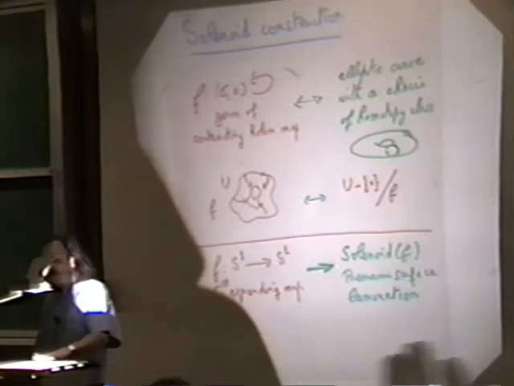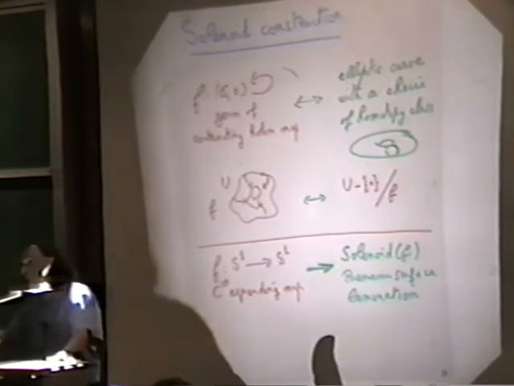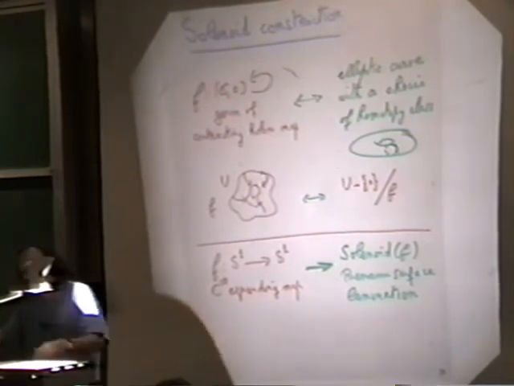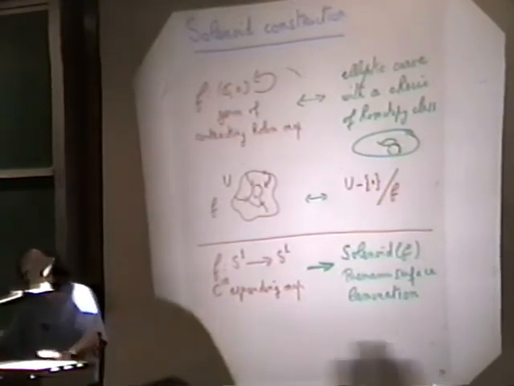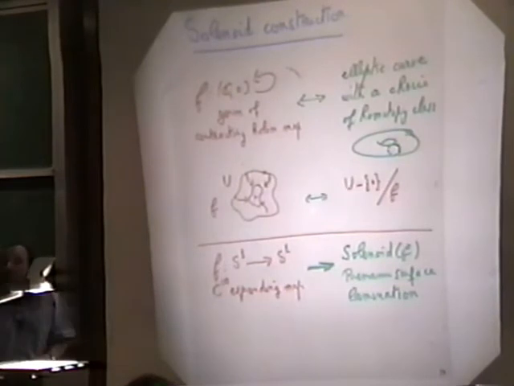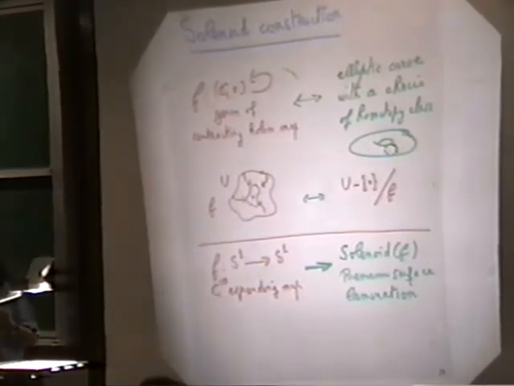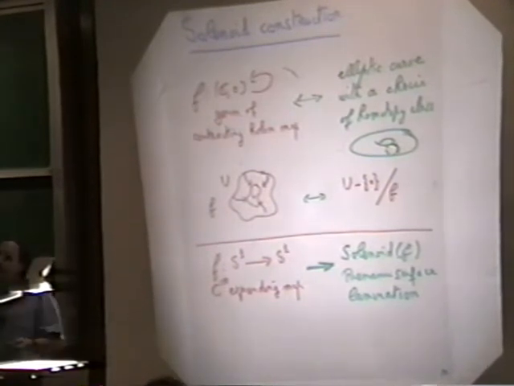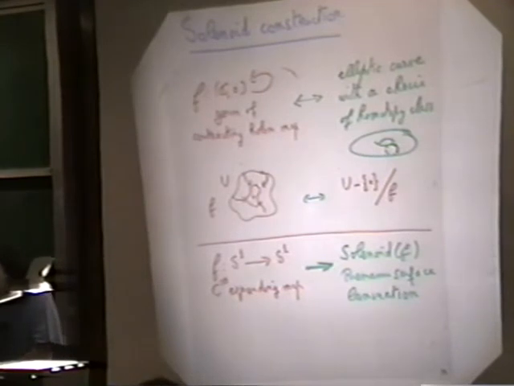So what I want to explain to you is how it's possible to associate, to a map F of class C infinity, whose derivative is bigger than 1 everywhere, a Riemann surface lamination, which is canonically associated to it, and in such a way that the Riemann surface lamination contains the dynamics of F. The geometry of the Riemann surface contains the dynamics. So the construction has several steps.